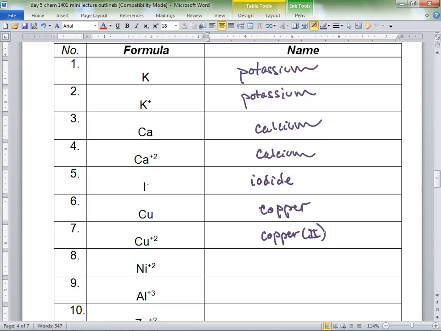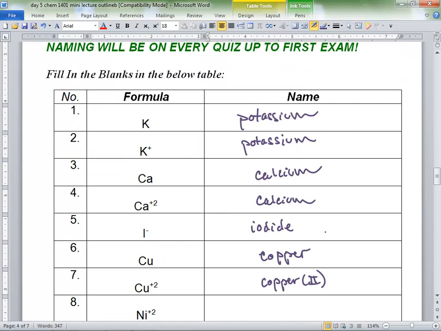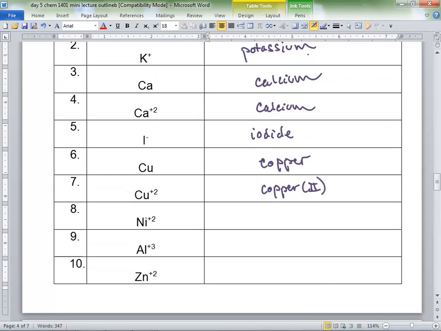How do you write 5 in Roman numerals? V. How do you write 6? VI. All right. Now you know the one I'm going to ask. How do you write 4? IV. All right. The rest are just okay.